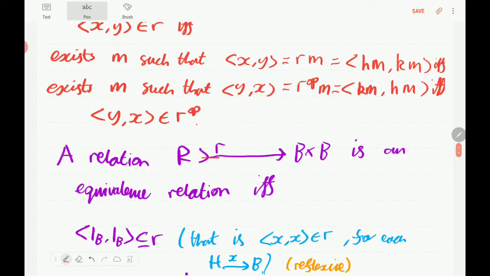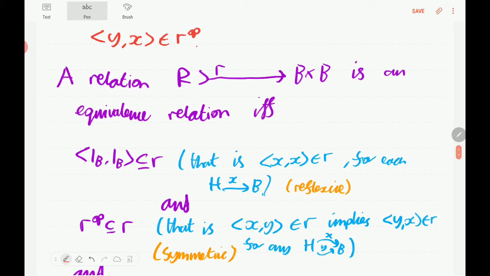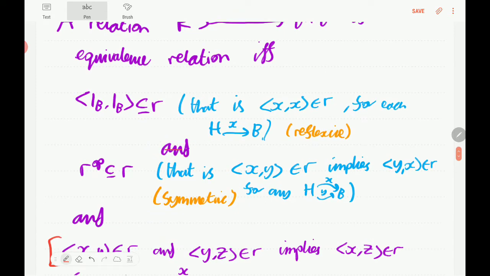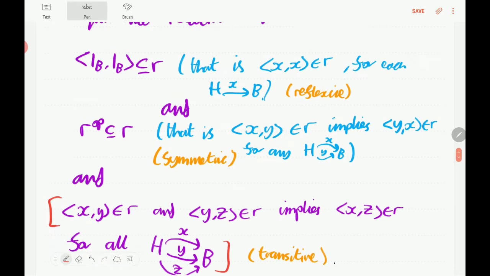So we call the relation R into B times B an equivalence relation if and only if ⟨identity B, identity B⟩ is contained in R. That is, we've got ⟨x, x⟩ is in R for every arrow x into B. So that's saying that the relation is reflexive, but for it to be an equivalence relation, we need it to be symmetric and transitive.